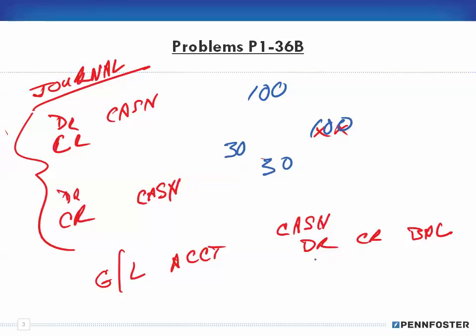When I put in the debit, my new balance, because it was 0 before and now it's 100, is a debit of 100. And then when I post the entry for my credit of 30, my new balance is going to be 70. So I'm constantly updating my ledger accounts as I go along.